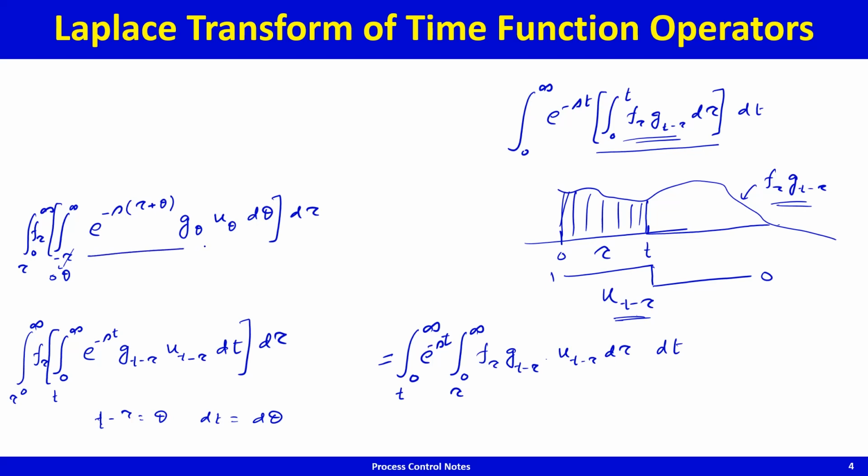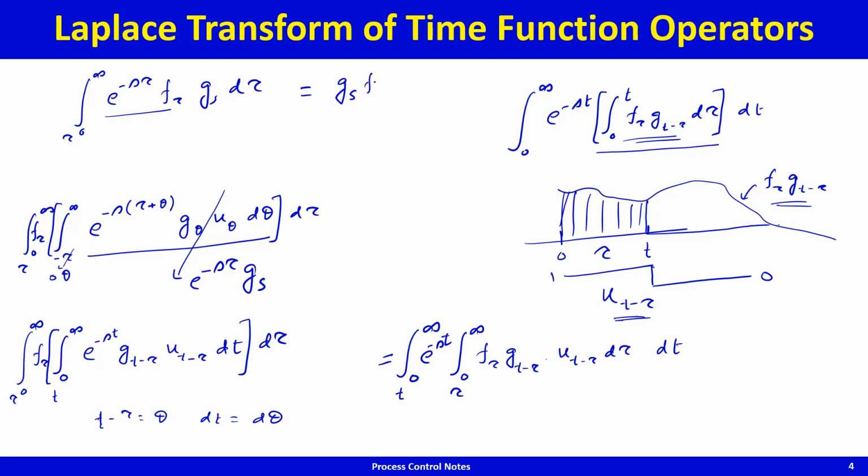So the theta integral goes to e to the power minus s tau times g of s. What I am left with is the integral over tau from 0 to infinity of e to the power minus s tau times f tau times g of s d tau, and these two together are equal to g of s times f of s.